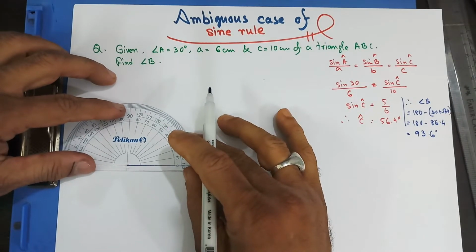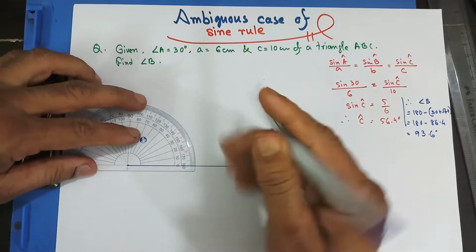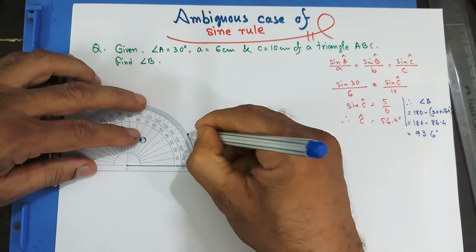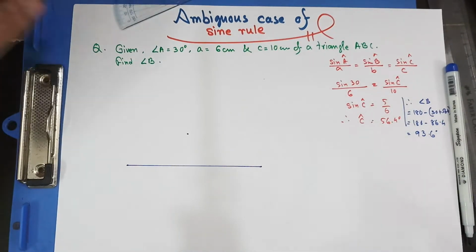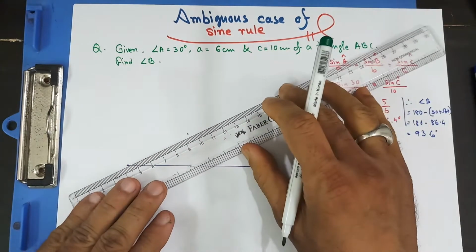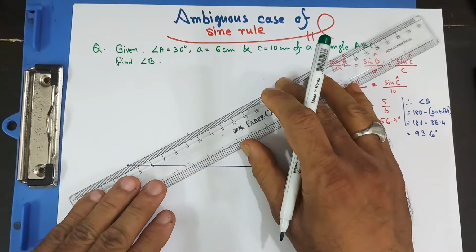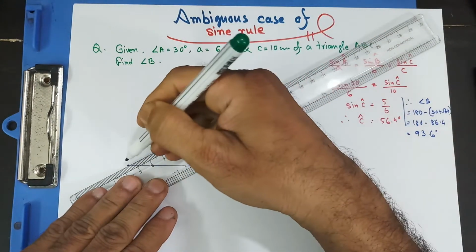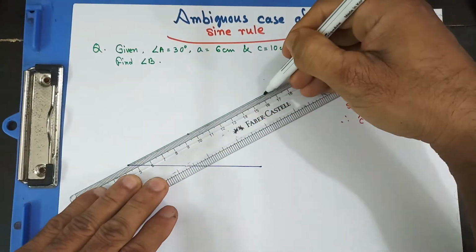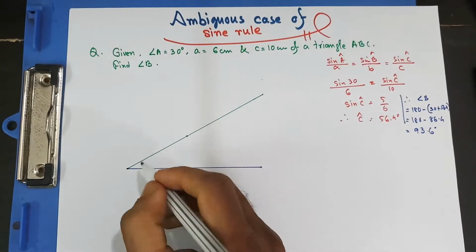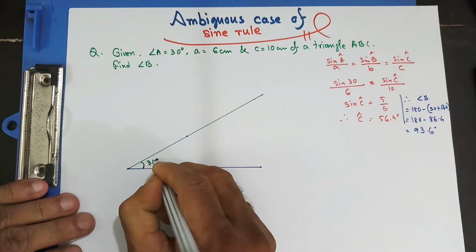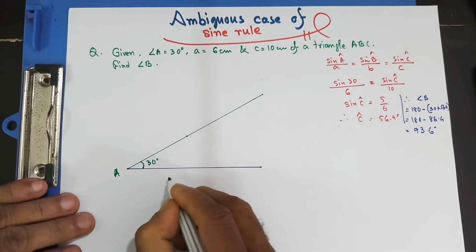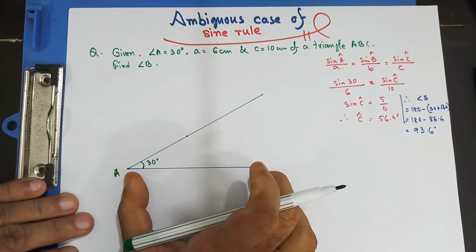So this is going to be a 30 degree angle right over here, and I'm going to use another color to draw this. That's my 30 degrees, and that's angle A.